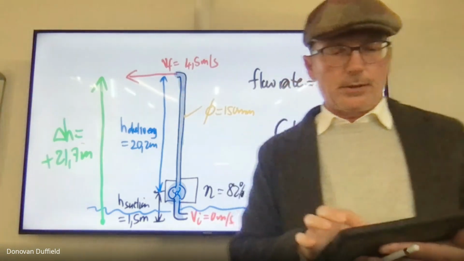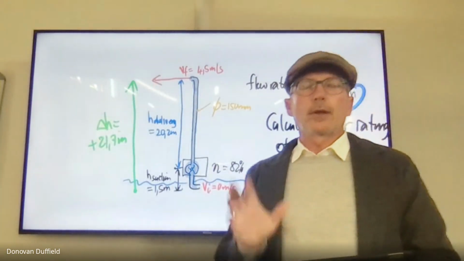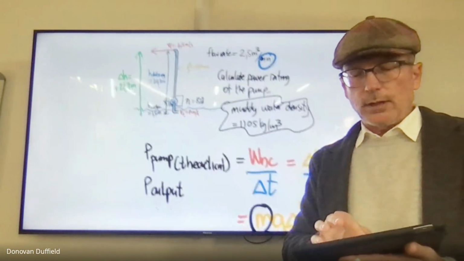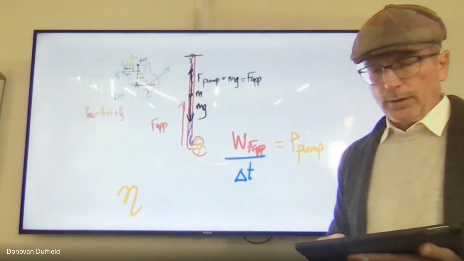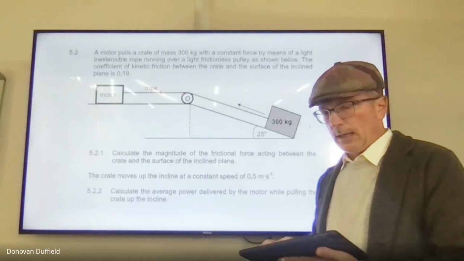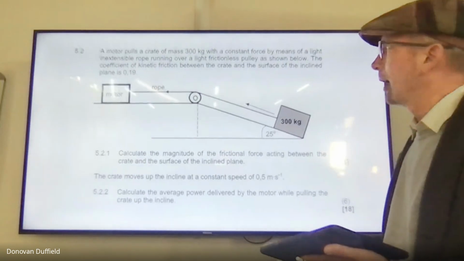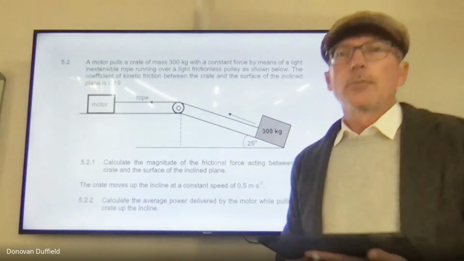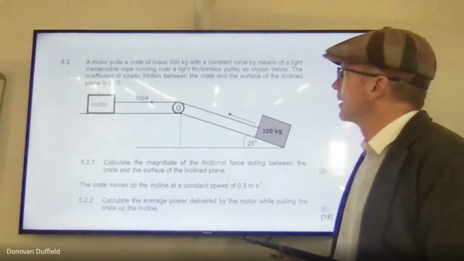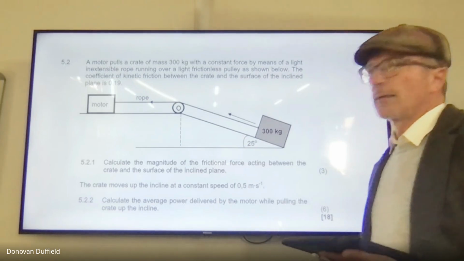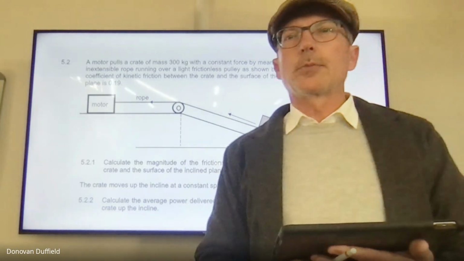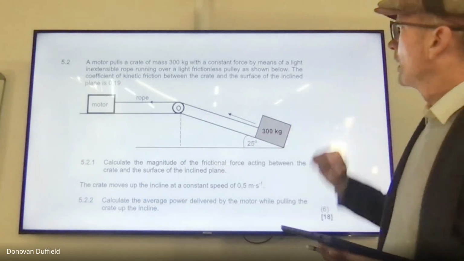of the pumping system. So now that we've done that, I want to move to where we are dealing with a system like this, where we have a motor pulling a crate of mass 300 kilograms with a constant force by means of a light, inextensible rope.